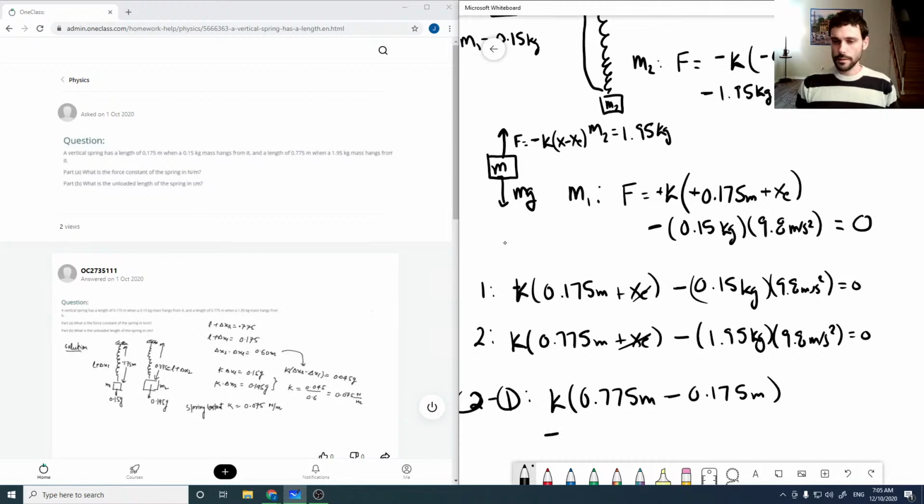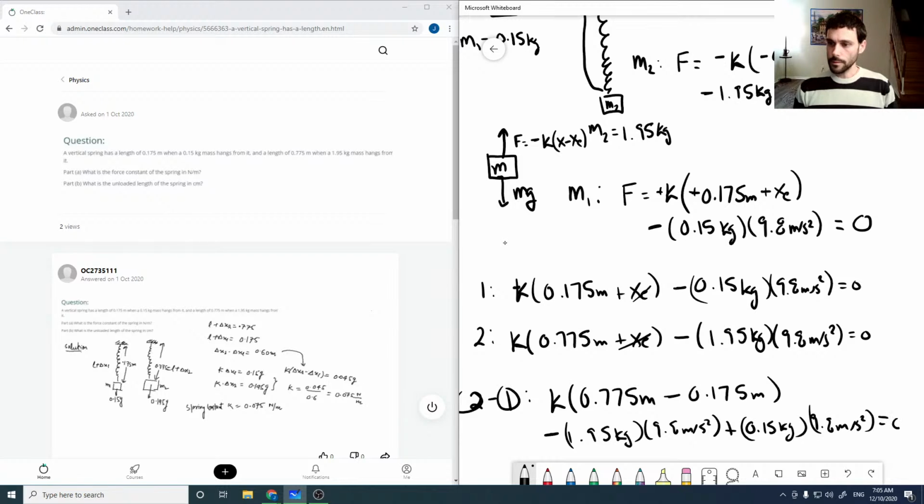And then minus 1.95 kilograms, 9.8 meters per second squared, plus 0.15 times 9.8 meters per second squared, all equals 0.